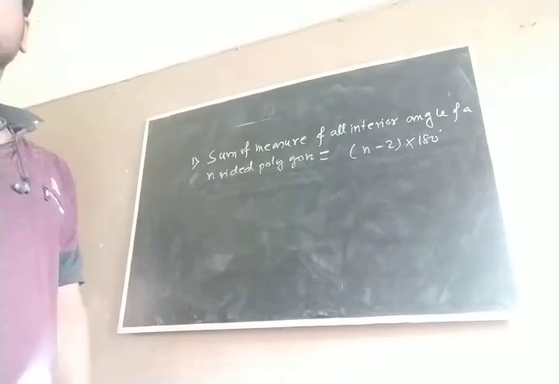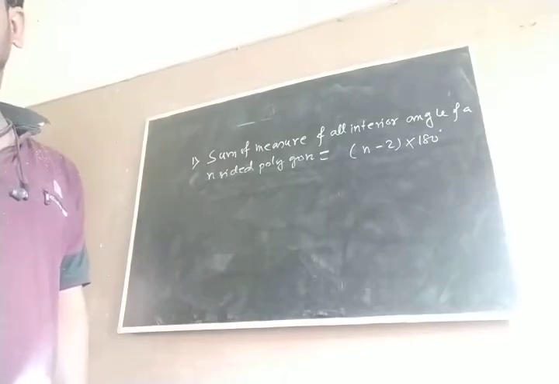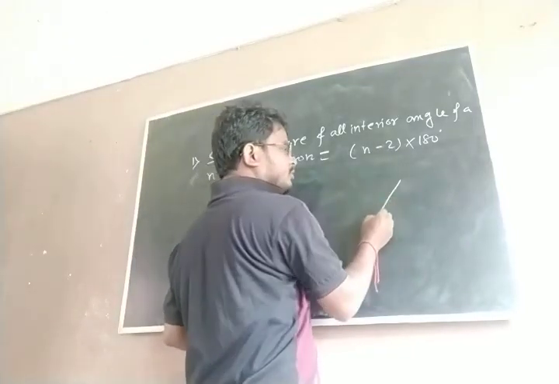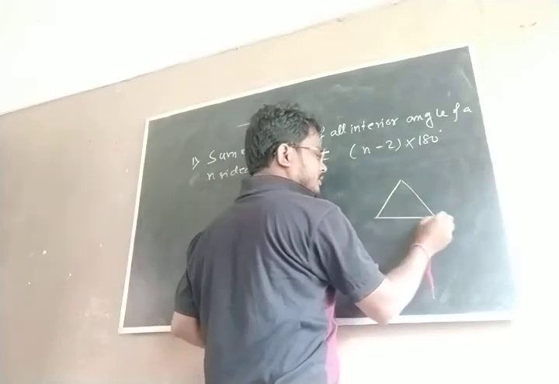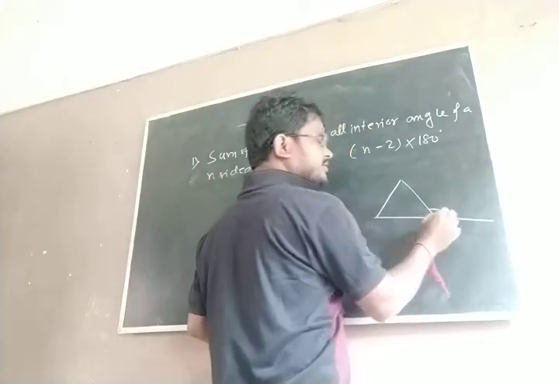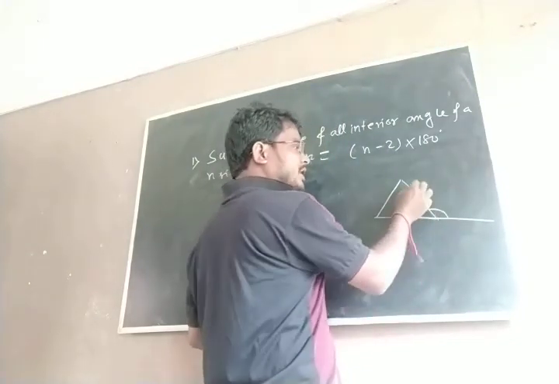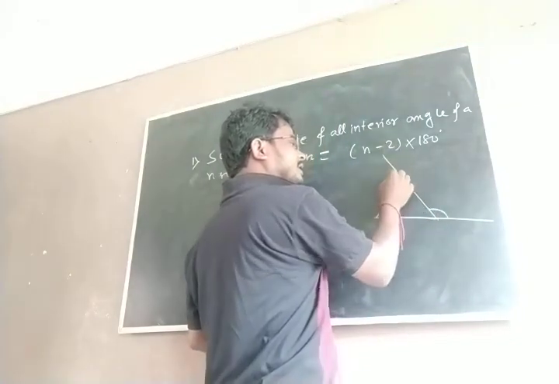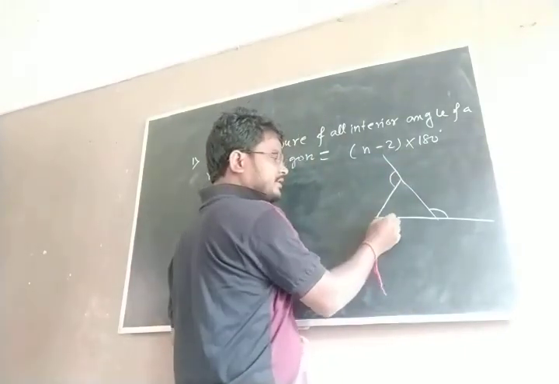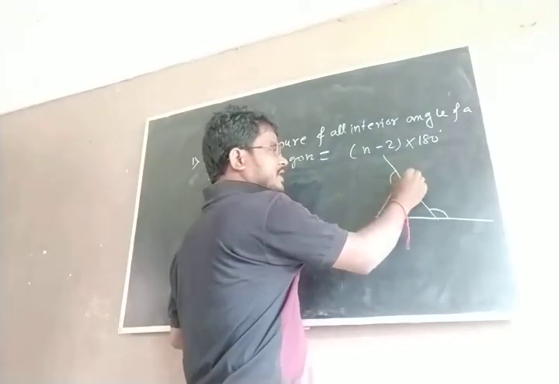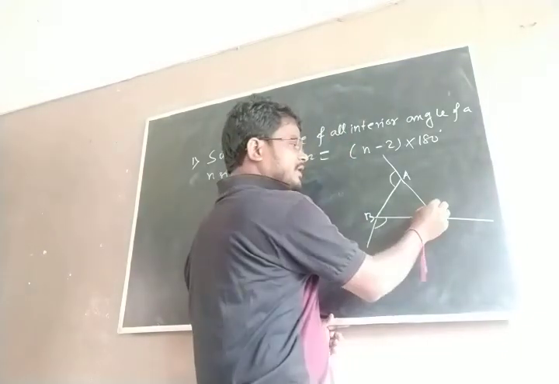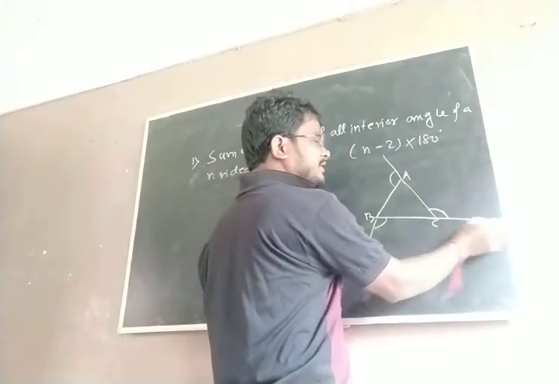Now the sum of exterior angles of a polygon. Exterior angle means, suppose this is a polygon, then its exterior angle, this is one. There are only three if we extend all the sides. Suppose this is the triangle ABC. At first I extend BC, then it will form an exterior angle ACP.